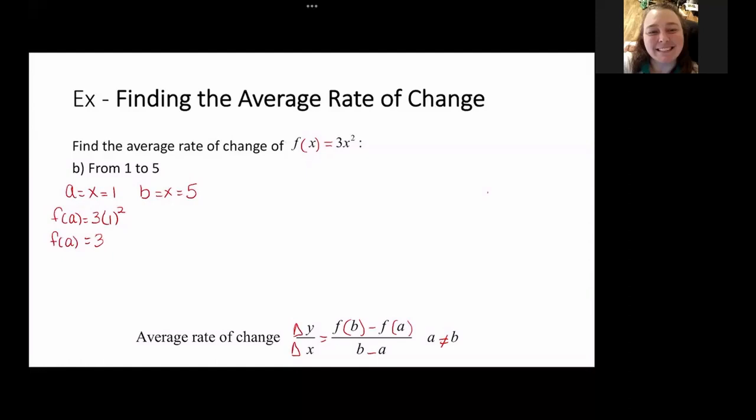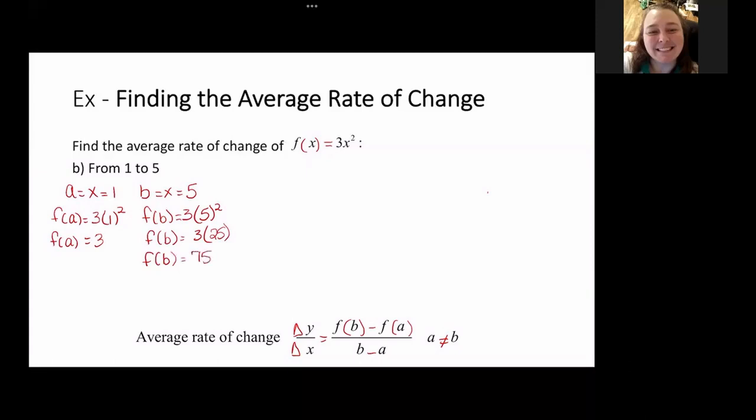My f of b is going to be equal to 3 times 5 squared, so 3 times 25, which is equal to 75.